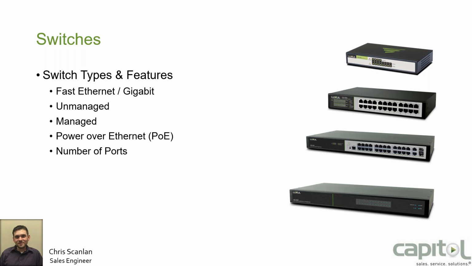Fast Ethernet versus gigabit. Fast Ethernet is 10/100, meaning it can only do 100 megs a second. Gigabit is a gigabit a second, per port. Unmanaged, managed, PoE, and number of ports. Those are some of the main things you want to look at when you're picking a switch.